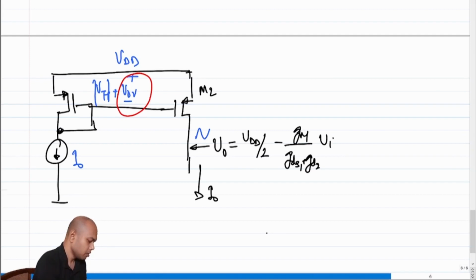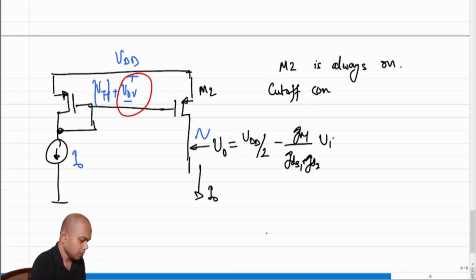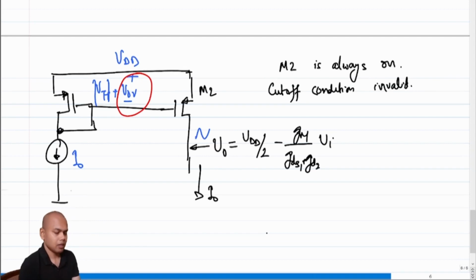So M2 is always on. The cutoff condition for M2 is no longer valid, invalid. What about the saturation condition?